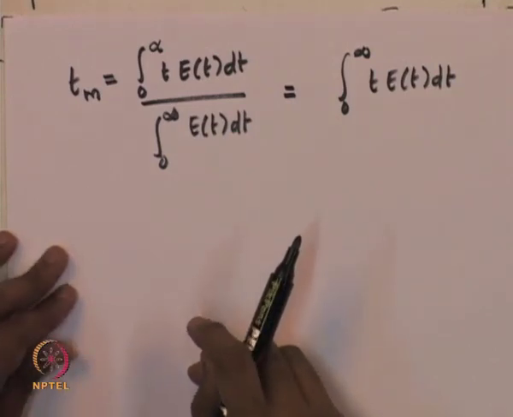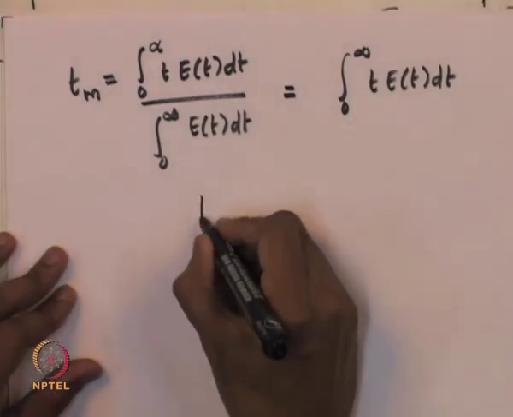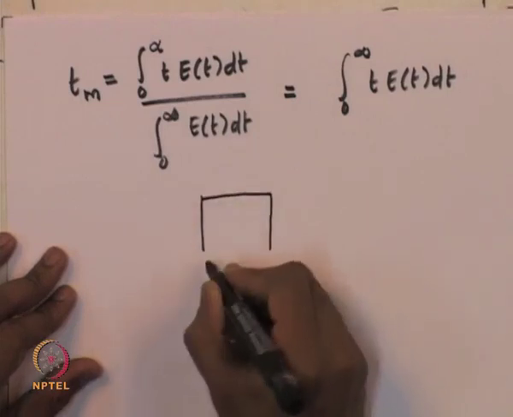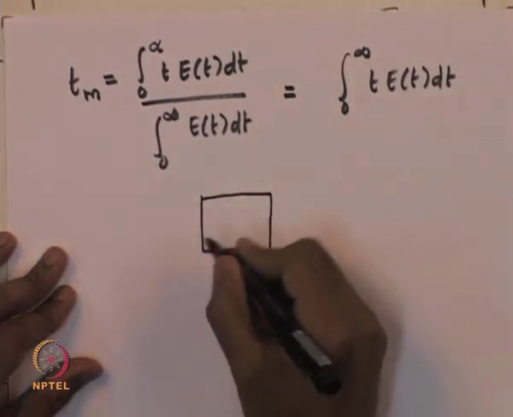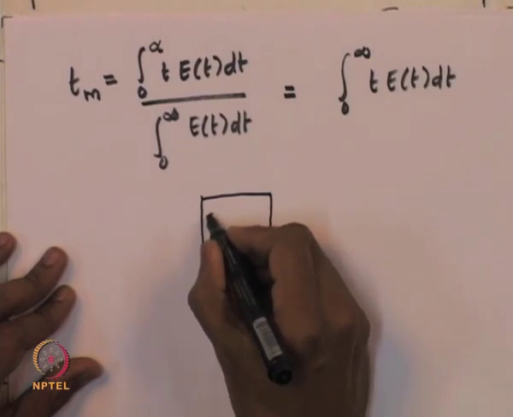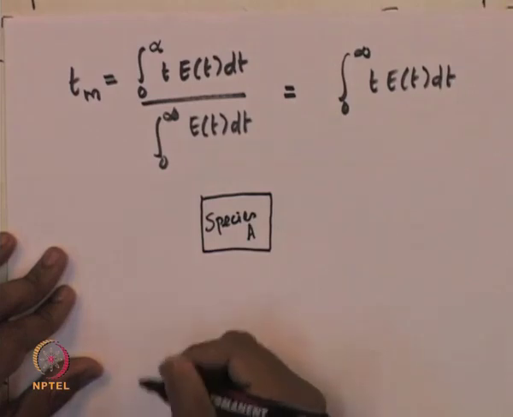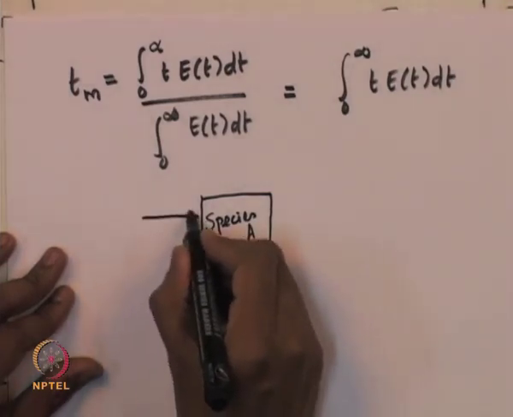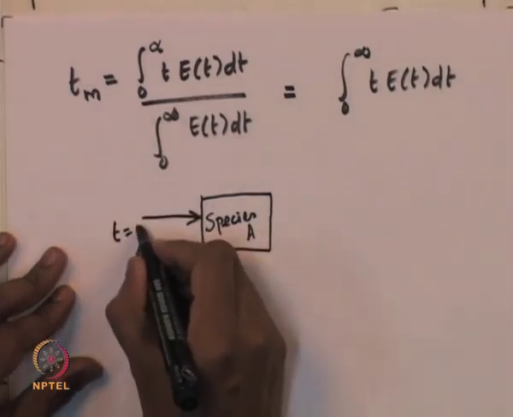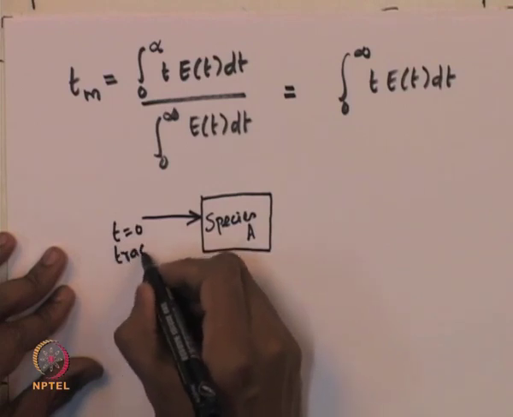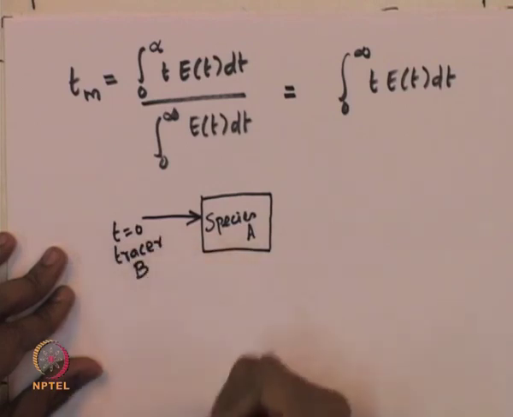Now let us consider a reactor and assume that it is filled with species A. Let us say that at time t equal to 0, a tracer species B, let us say a dye, is injected into the reactor.